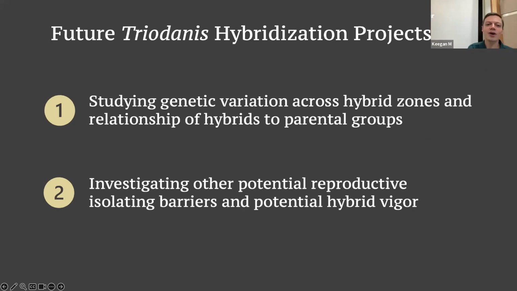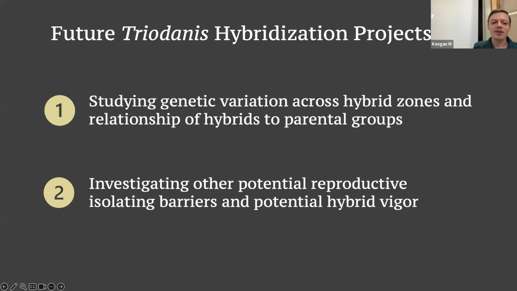So some future Triodanis hybridization projects that could be studied are studying genetic variation across hybrid zones, which I've collected tissue samples for in tubes. And this is important to confirm that hybrids are intermediate to the two species, or if they're more similar to one species or another, and whether these patterns of similarity are related to the parental abundances at different sites.